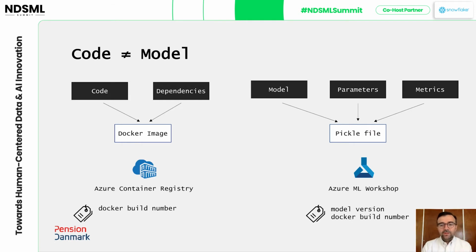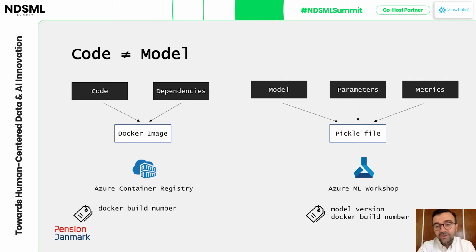Straightforward. And if something goes wrong when you've separated the two, you can always revert back to an old code base, so you can always revert back to an old Docker container, and now you can retrain a new model and use that new model with an old code base. So when you separate the two things, it just becomes much easier to keep track of your code and your models.